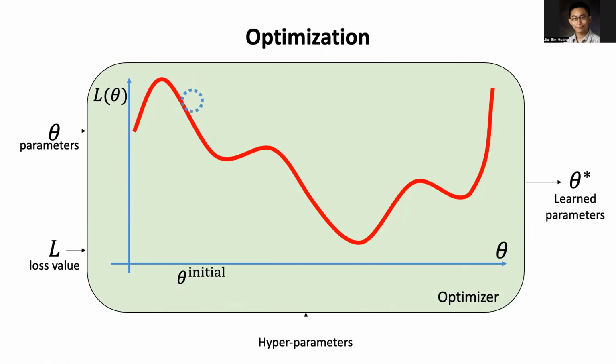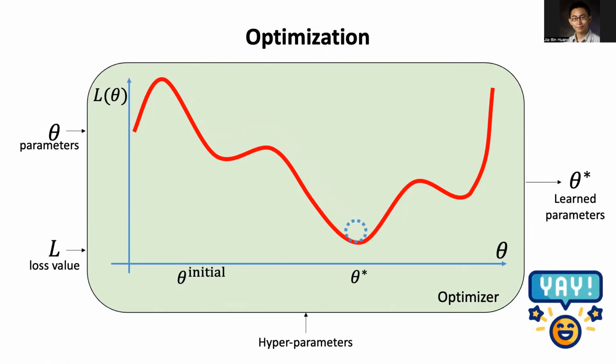Over time, you will gradually move toward a local minimum, and you're happy with this. You minimize the loss and find the parameters that minimize it. Since the loss tells you how good your model is, this must be a good model.